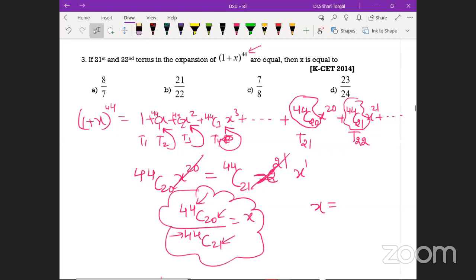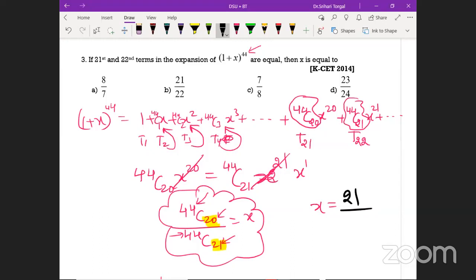Whichever is greater, you have to select that. Which one is greater, 20 or 21? It's 21. That you write in the numerator. If it is in the denominator, write it in the numerator; if it is in the numerator, write it in the denominator.